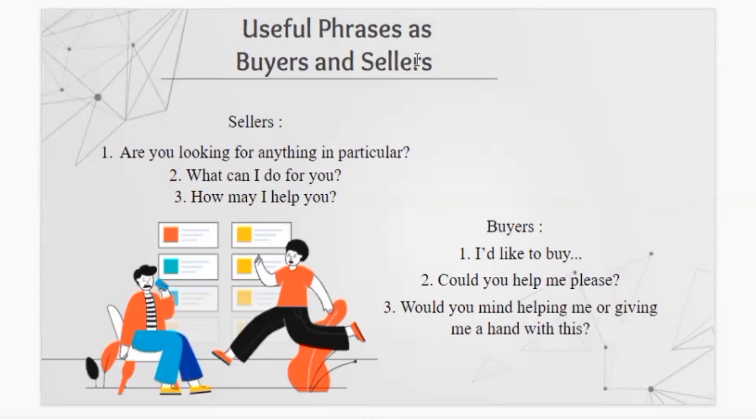And the second is useful phrases as a buyer. If we are a buyer, we can say, I'd like to buy blank blank blank. Or we can say, could you help me please? And last but not least, we can say, would you mind helping me or giving me a hand with this?